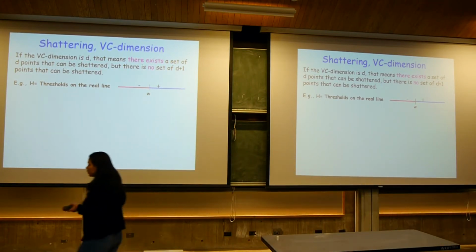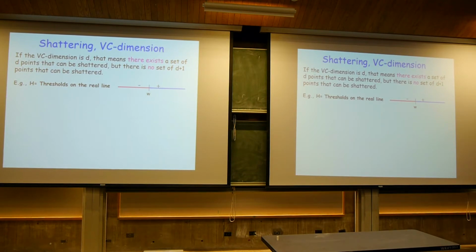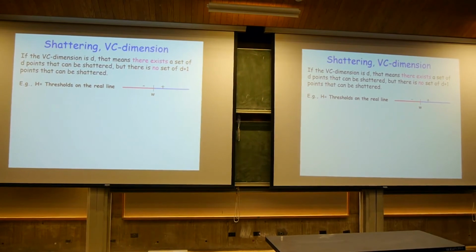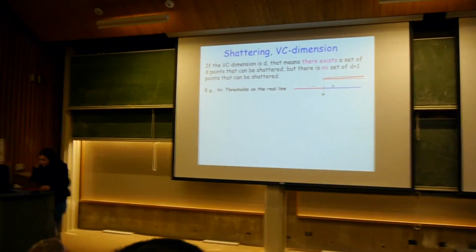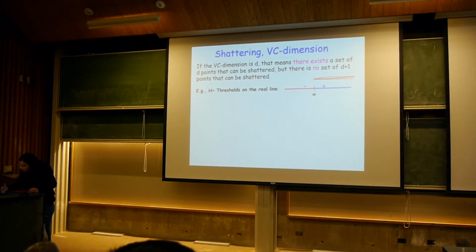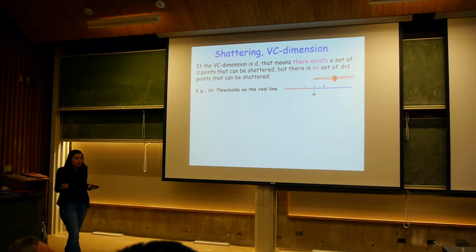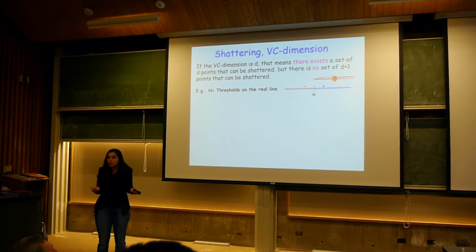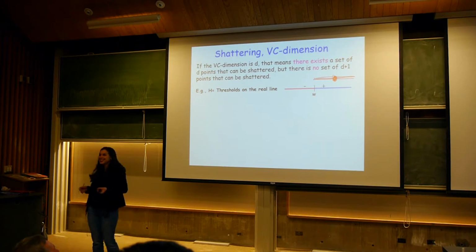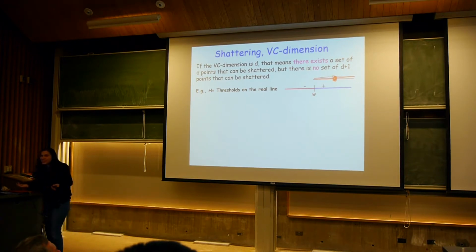What does it mean to shatter 1 point? I'll try to draw here. This is my real line, my instance space, and I have this point over here. Can I shatter it? What does it mean to shatter it? To label it in all possible ways. There are only 2 possible ways, right? So can I shatter it?